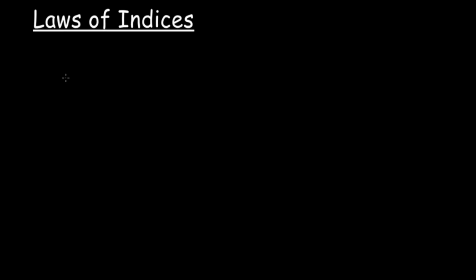So let's recap the laws. The first law says that when we have two terms with the same base being multiplied, then we add the powers. Second says that when we have two terms with the same base being divided, we subtract the powers.